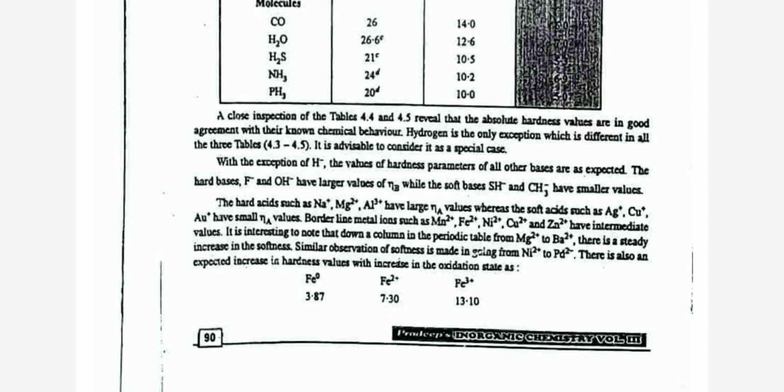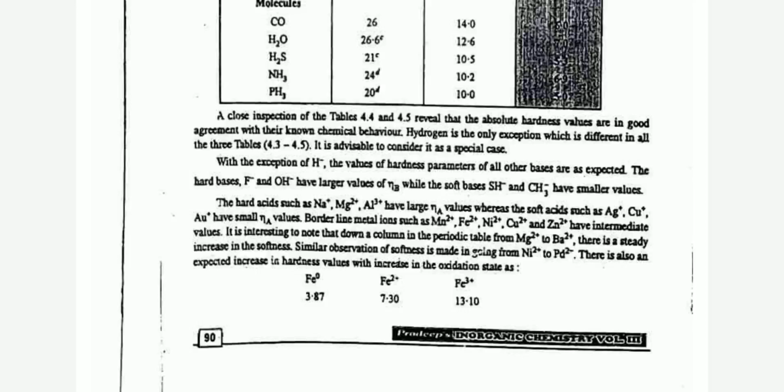The hard acids such as Na positive, Mg2 positive, Al3 positive have large eta A values, whereas the soft acids such as Ag positive, Cu positive, Au positive have small eta A values. Borderline metal ions such as Mn2 positive, Fe2 positive, Ni2 positive, Cu2 positive, and Zn2 positive have intermediate values.